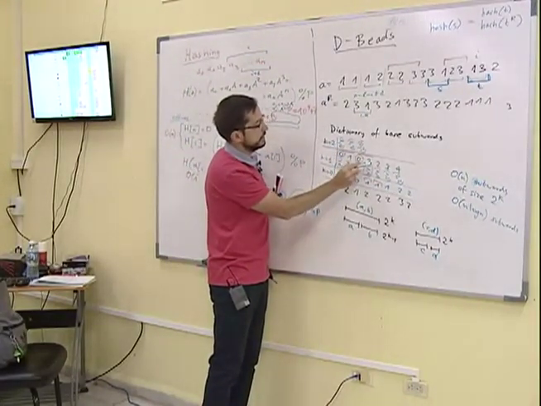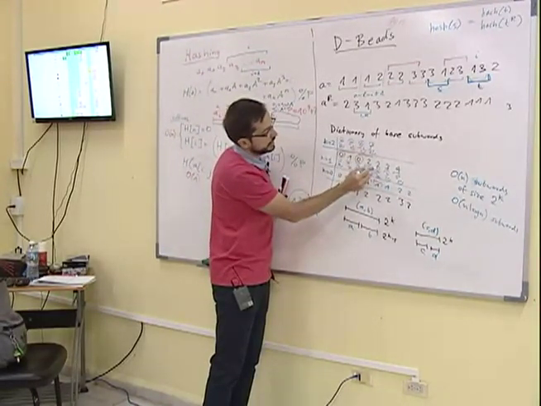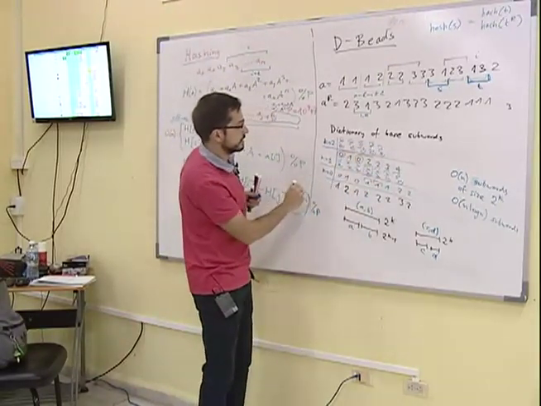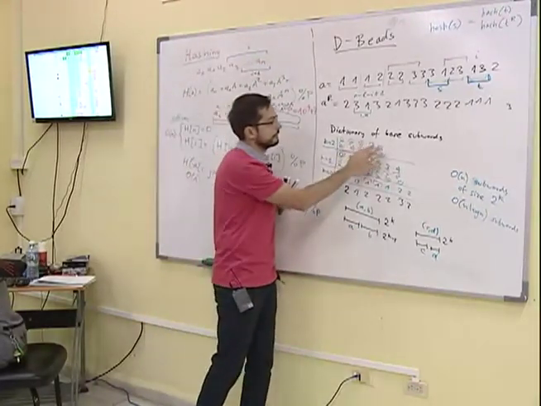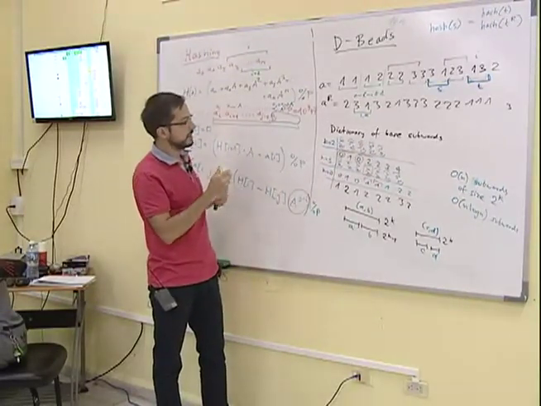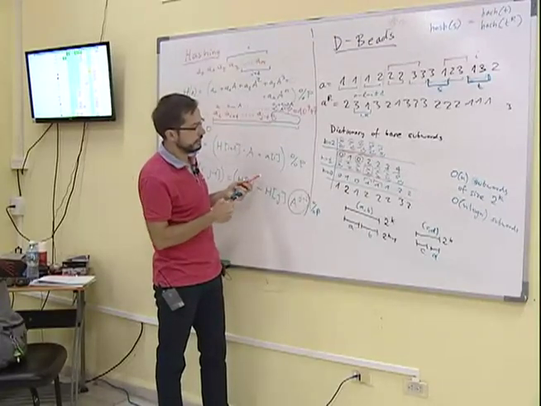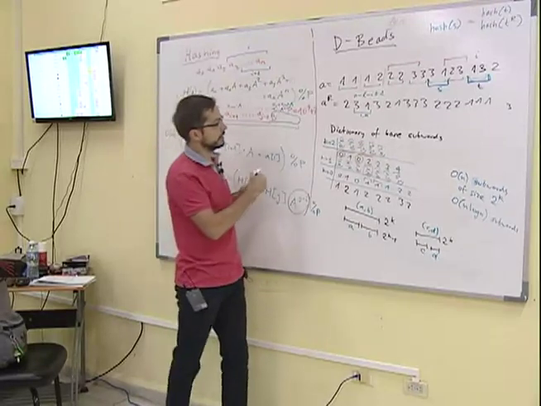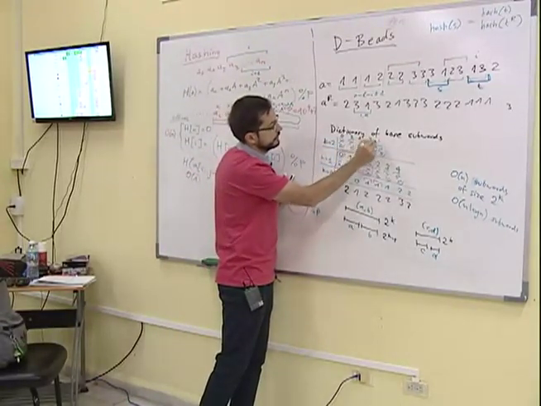The next one will be 2, 3. And the next one will be 2, 4. And this is the last one. So once again, we can renumber them. And actually, here we will see that all of the substrings of length 4 are different, because we will get 0, 1, 2, 3, and 4.